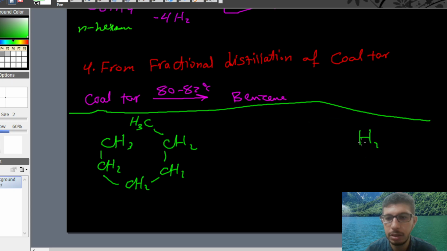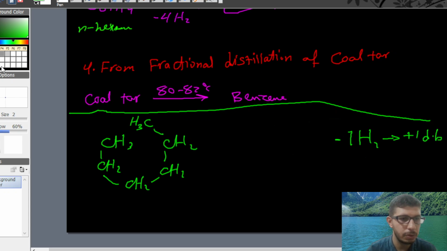When you write the chemical formula of hydrogen gas, it should be H2, not just H. So when you remove 1 mole, you form one double bond: minus 1 mole of hydrogen plus one double bond.